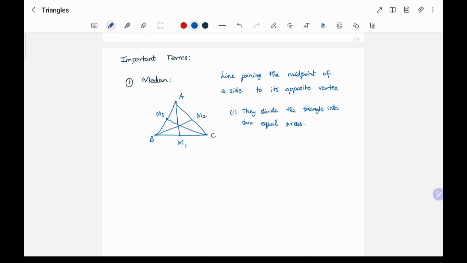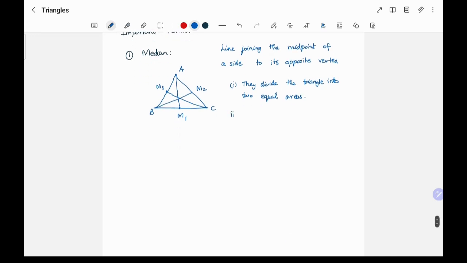So the area is half of the original triangle on each side. And the 3 medians meet at a point, and that point is called the centroid of the triangle. So this meeting point is called C.